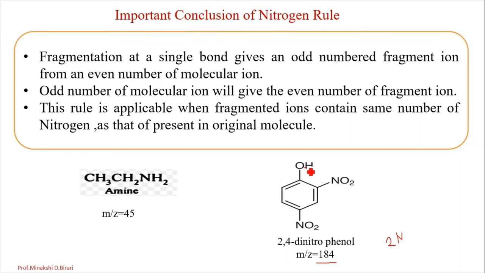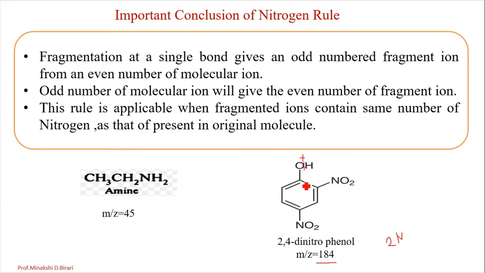The OH is lost from this, and there is formation of the molecular ion peak, which is observed at m/z 184. Further, the molecular ion is fragmented and H plus is removed, forming a cation.